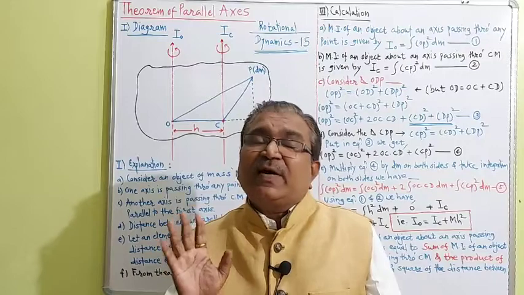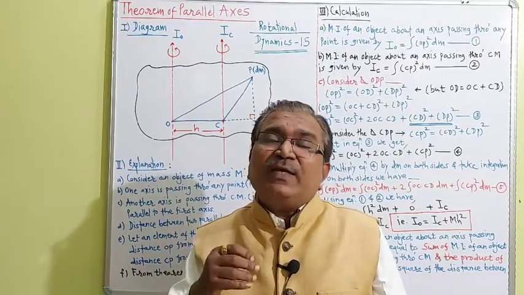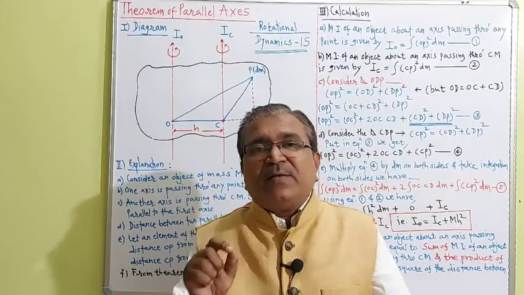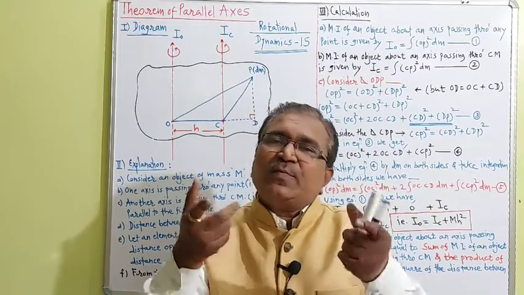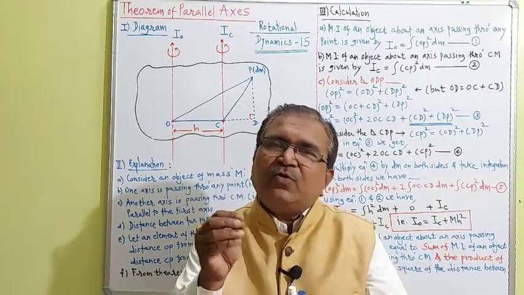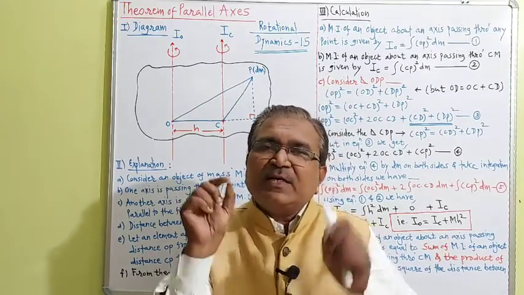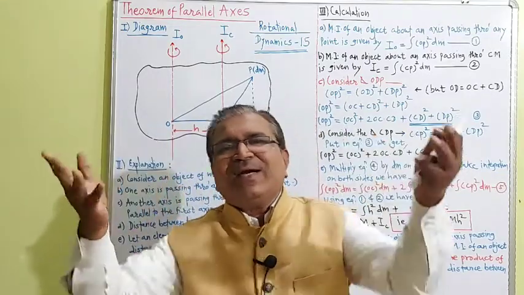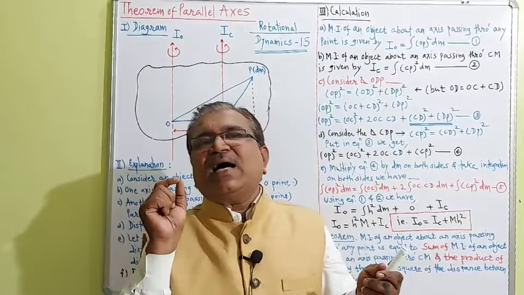Very simple, very simple. How can we remember this theorem? The theorem is remembered by making use of the equation. We should first derive and prove the equation IO is equal to IC plus MH square. That's all. What is IO?